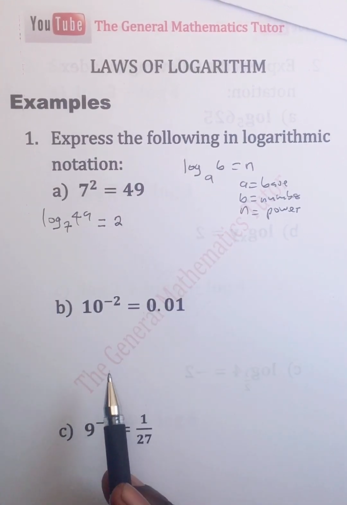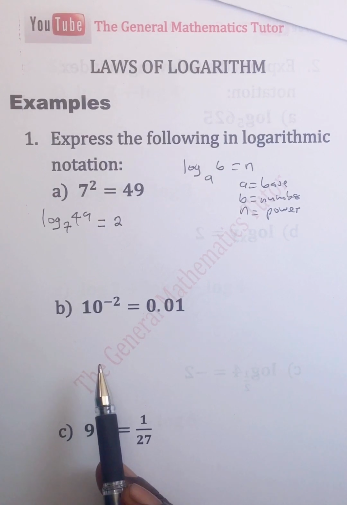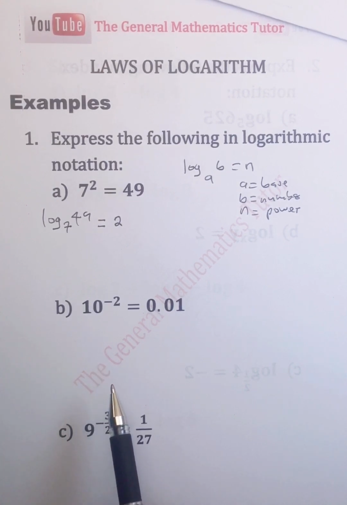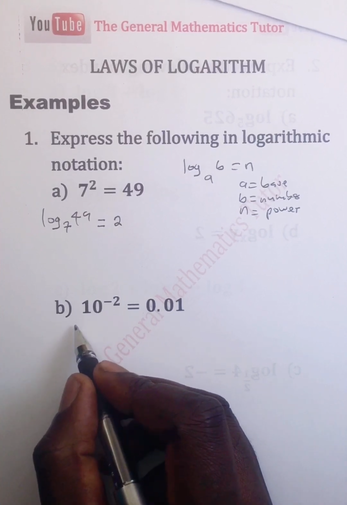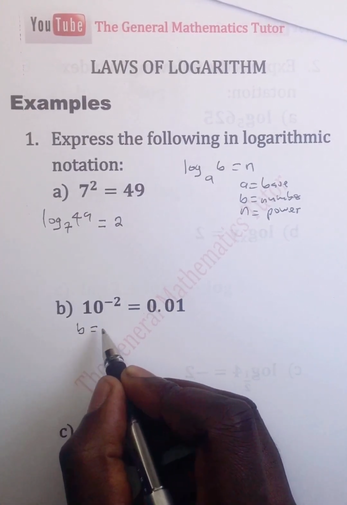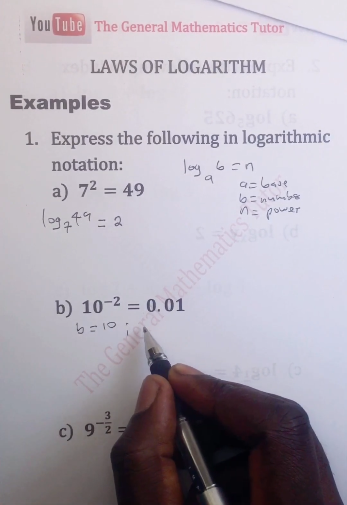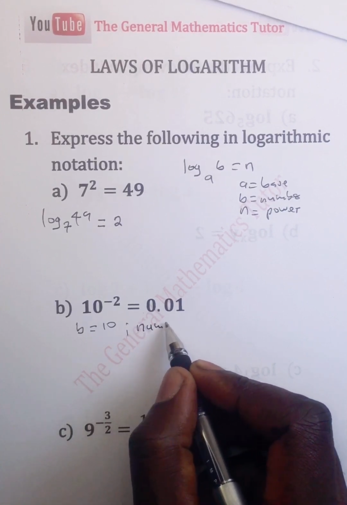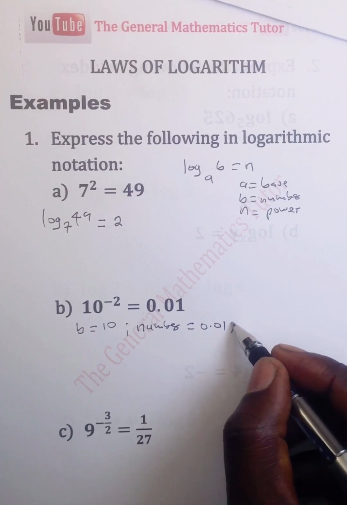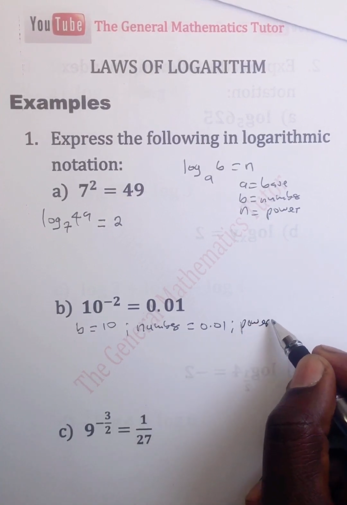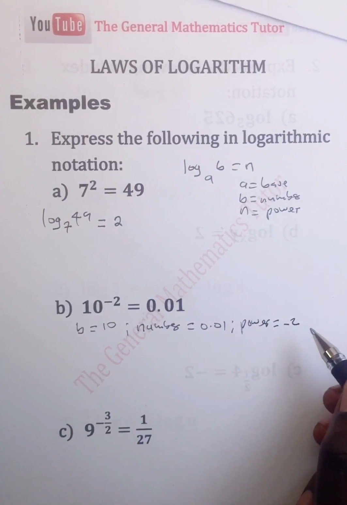And part B, we have 10 raised to the power negative 2 is equal to 0.01. So just identify the base, and in this case the base is 10, the number is 0.01, and the power or the log is negative 2.